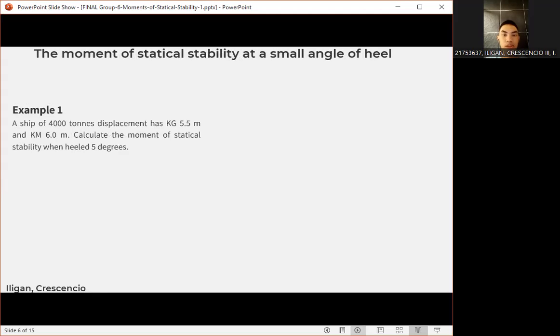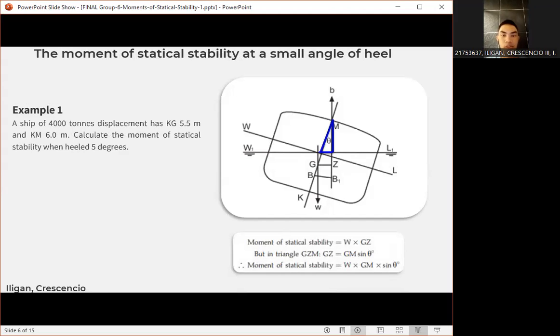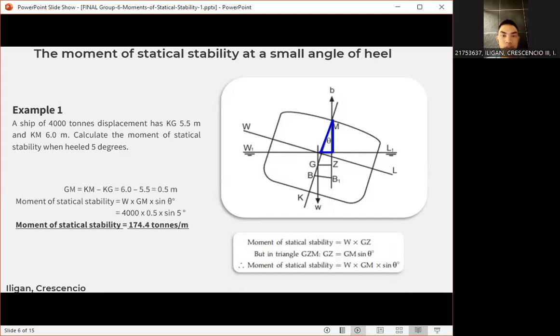A ship of 4,000 tons displacement has a KG of 5.5 meters and KM of 6 meters. Calculate the moment of statical stability when heeled 5 degrees. In order to find the statical stability, you need to find the GM first, which is not in the given. So you need to use KM minus KG, which is 6 meters minus 5.5 meters, so our GM is 0.5 meters.